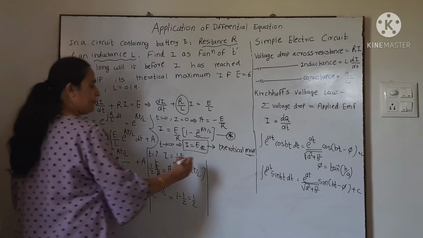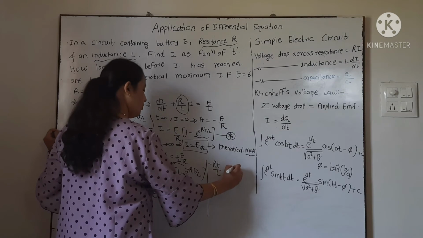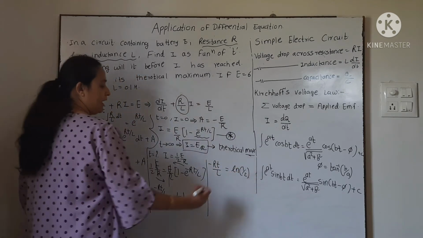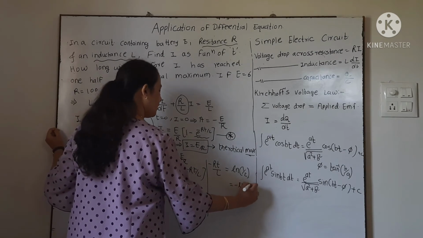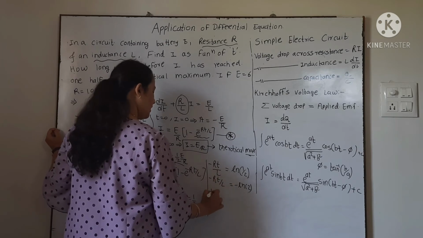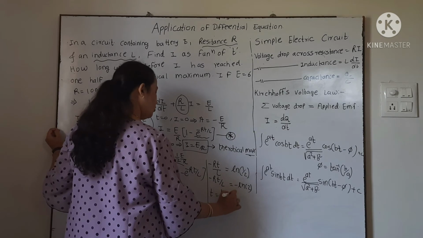So we will get minus RT by L equal to ln of half, by using rules of logarithm. Ln of half is nothing but minus ln of 2, so minus RT by L equals minus ln 2. Therefore, T is equal to L upon R ln of 2.